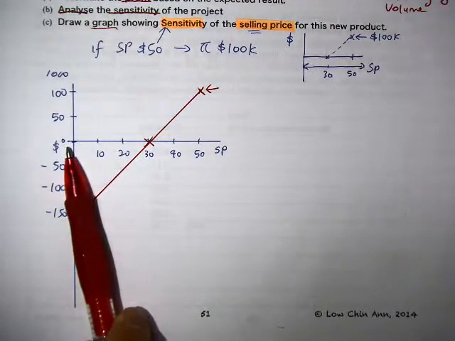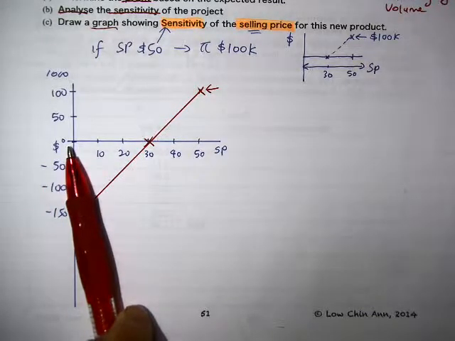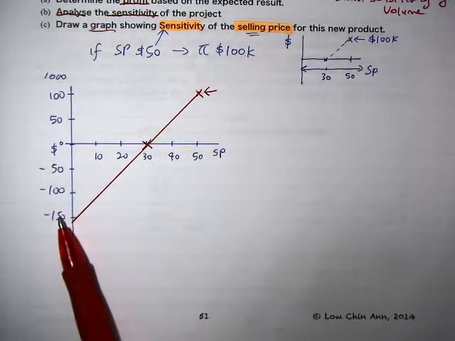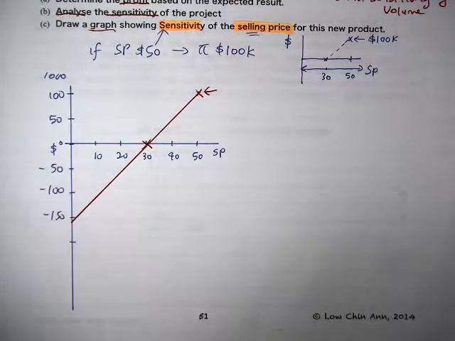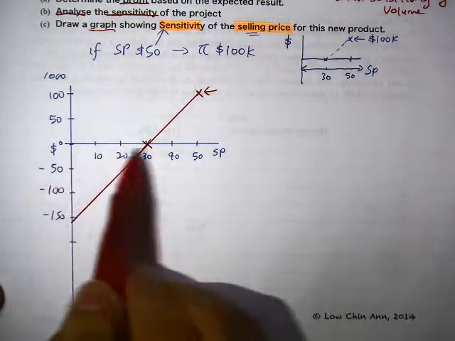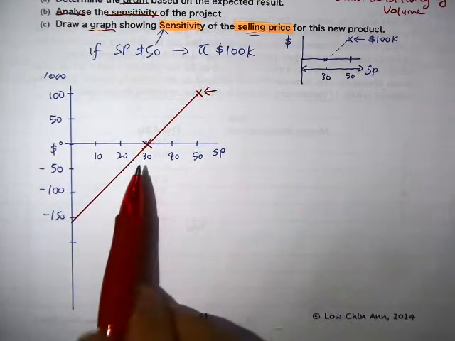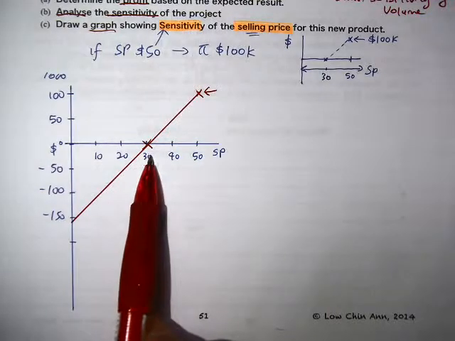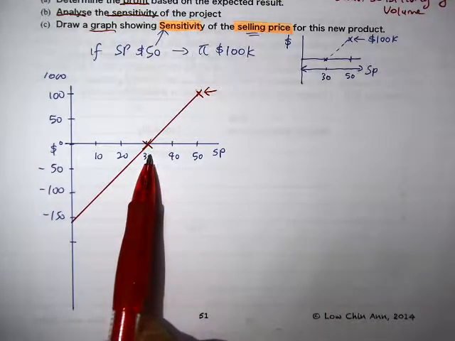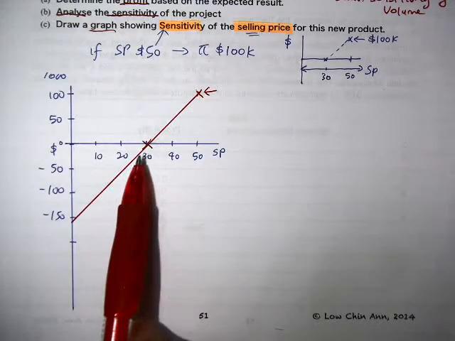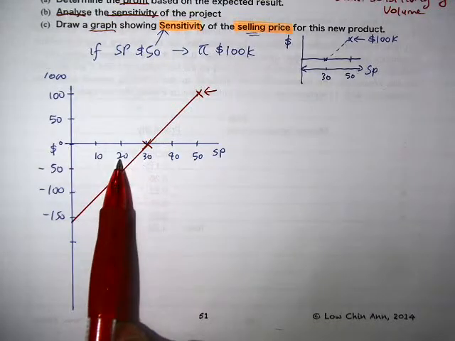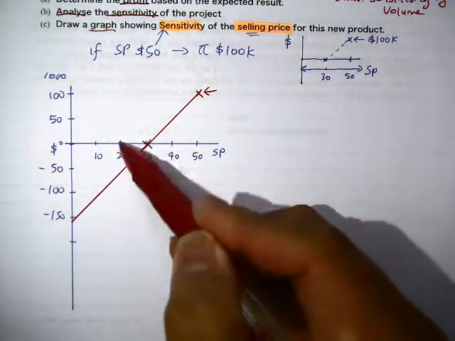Volume 0, that means you don't sell at all. Then your loss is fixed cost. This is you are selling at 5,000 units, but you're selling at different price. If you take 5,000 units, sell at $30, you make no profit. If you take this product, sell at $20, this is the loss you're going to suffer.